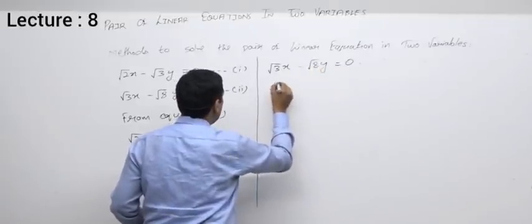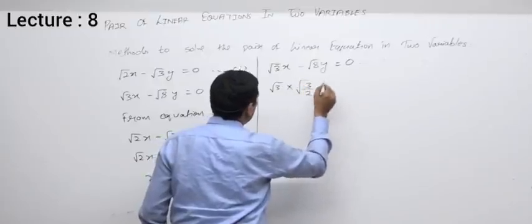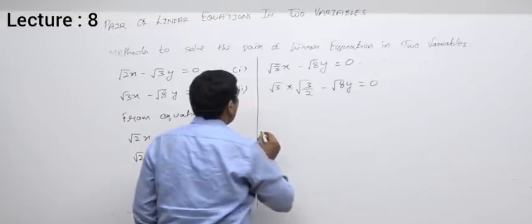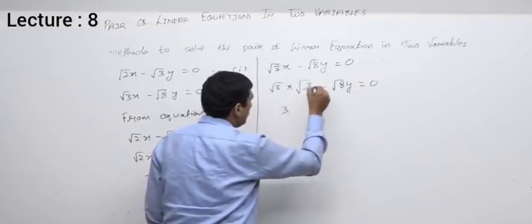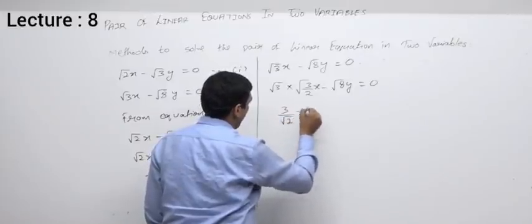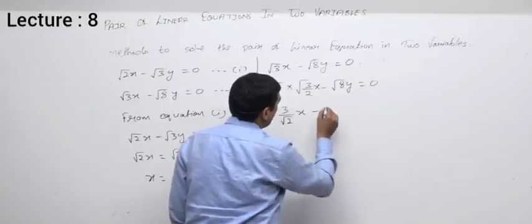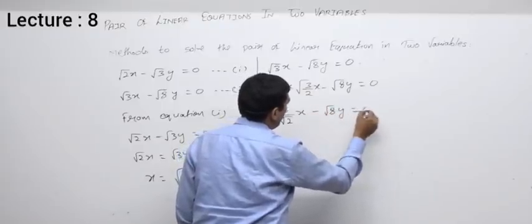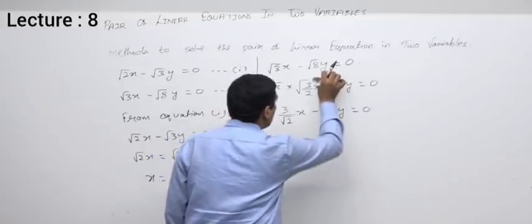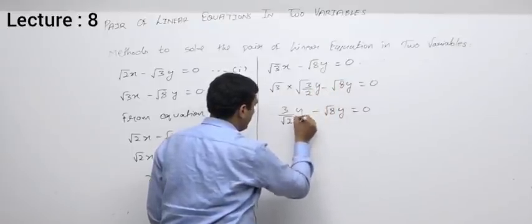So root 3, x is root 3 by root 2, minus root 8y is equal to 0. Now this gives you 3 upon root 2 x actually, minus root 8y is equal to 0. There is a problem. Here I have to take actually y, and by mistake I took x.